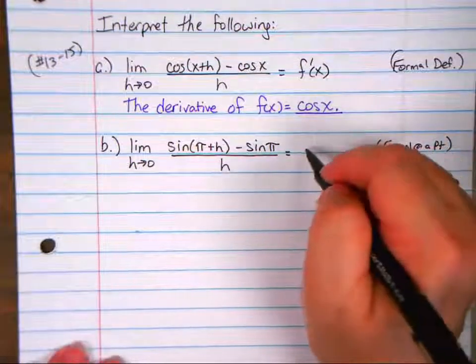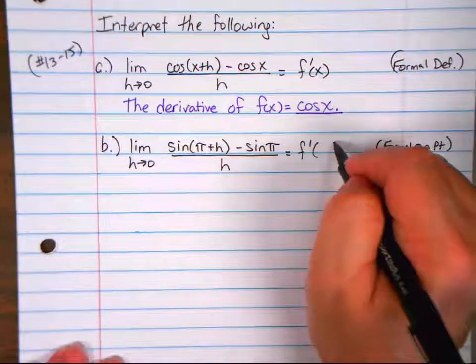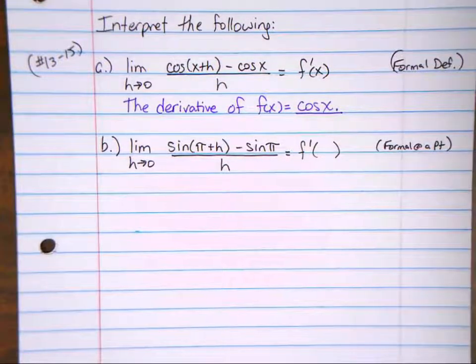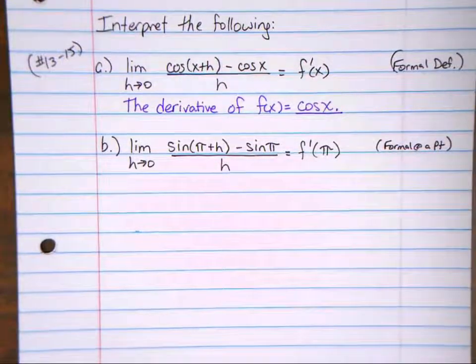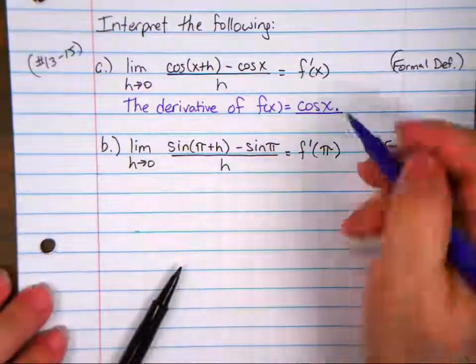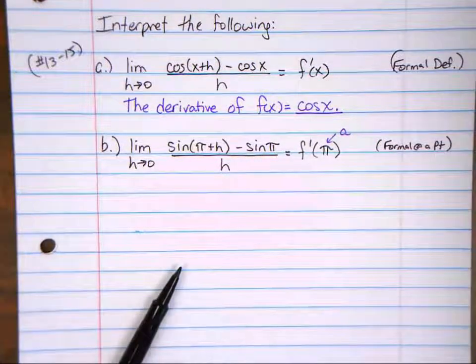Okay. Now, it is f prime of a. Now, what is a in this case? Pi. Very good. A is pi. You may want to put an arrow to show that that's a.